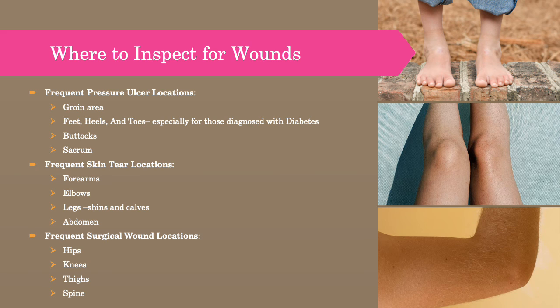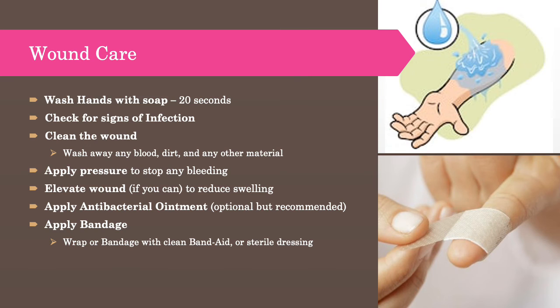Surgical wound locations that you need to check are the hips, knees, thighs, and spine. For wound care, again, wash your hands with soap and water for 20 seconds. Check for signs of infection, clean the wound, wash away any blood, dirt, and any other material.